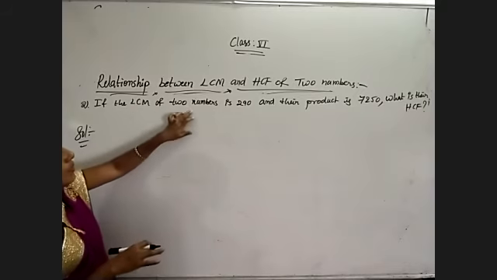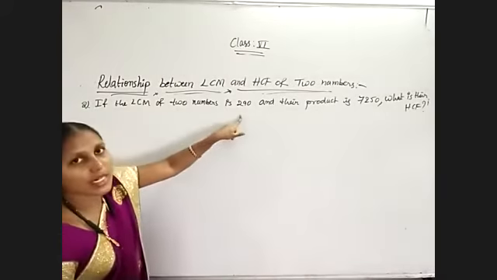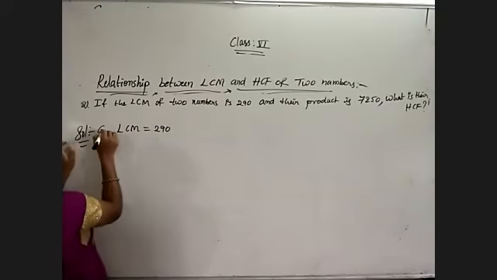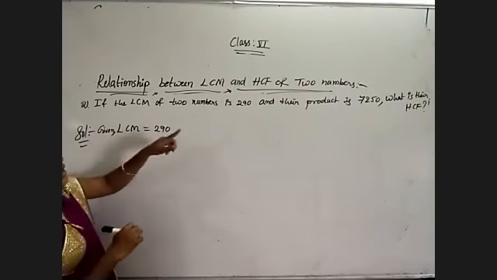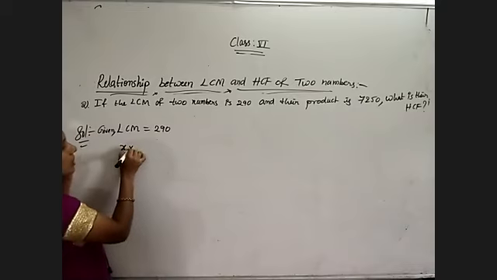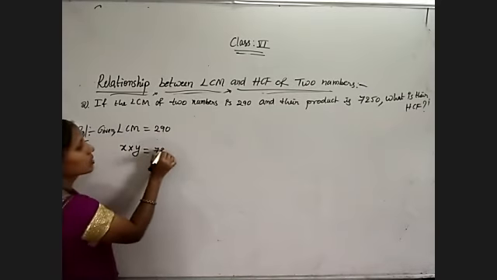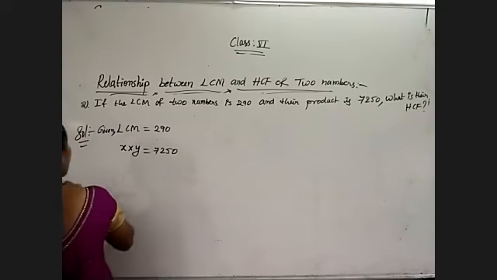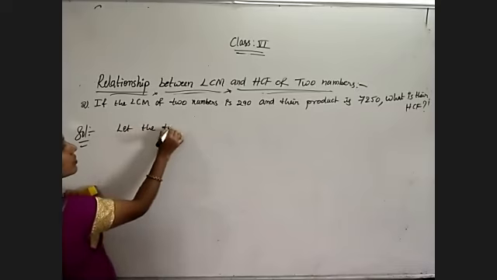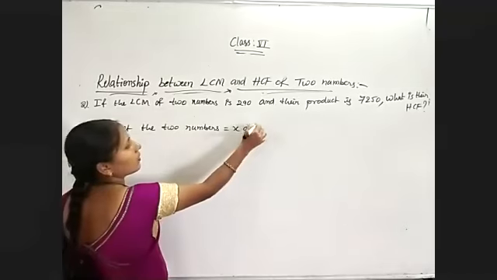If the LCM of two numbers is 290, that means the LCM of the two numbers is equal to 290, given. Their product: let those two numbers be x and y. Their product means x into y, given 7,250. So first of all, let the two numbers be x and y.